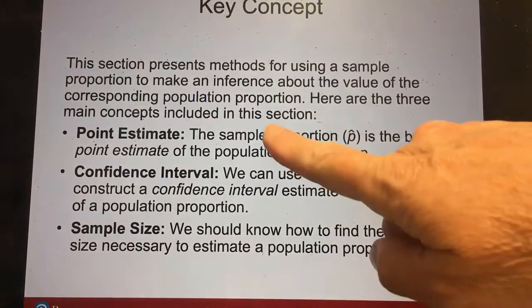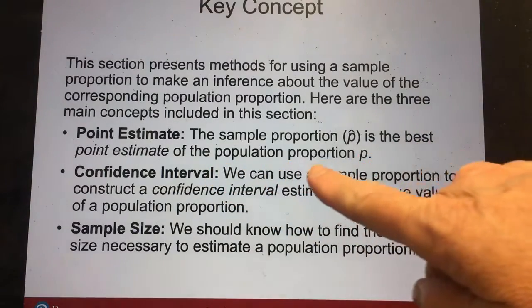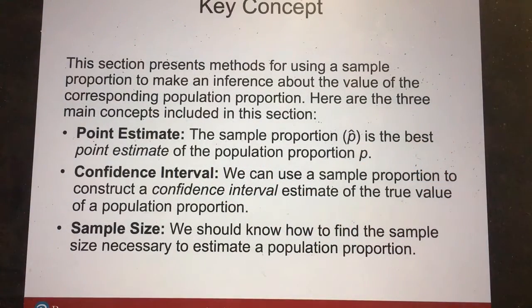Okay, so the sample proportion p-hat is the best point estimate for the population proportion p. So we're trying to find the p, but we can calculate the p-hat. And then the confidence interval is what we're going to build. It's going to be an interval, and we're going to talk more about that because that's the whole big picture of the whole section, confidence intervals.